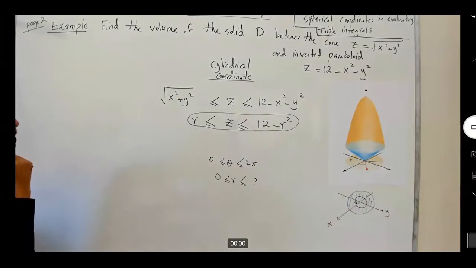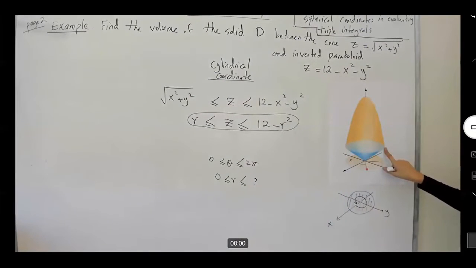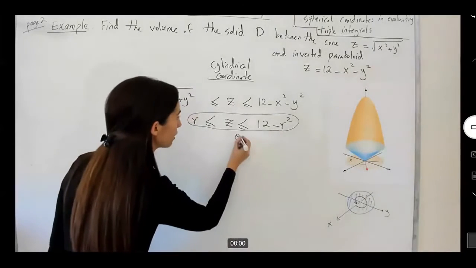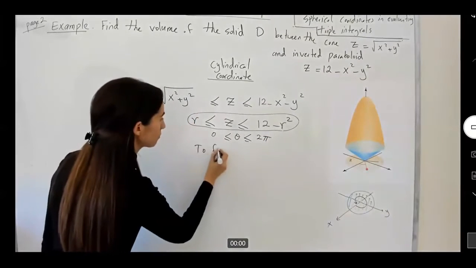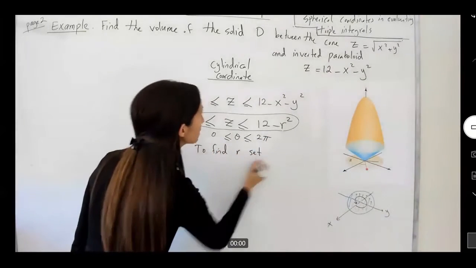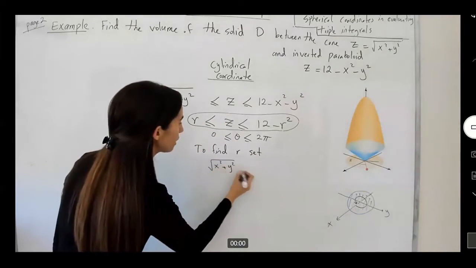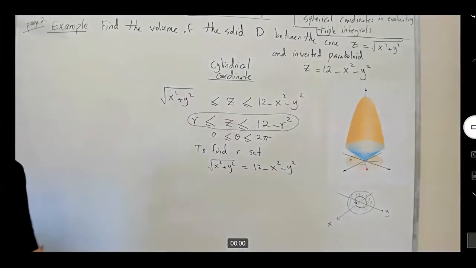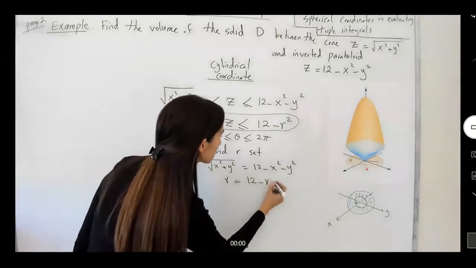To find the upper bound, I'm going to find the intersection between my inverted paraboloid and my cone. How am I going to do that? I'm going to set, so let me write theta up here, I need a little bit more space, to find r, set square root of x squared plus y squared equal to 12 minus x squared minus y squared. Since we are in polar coordinates, on the left-hand side we have r equals 12 minus r squared.